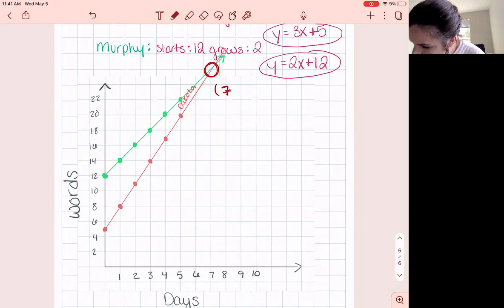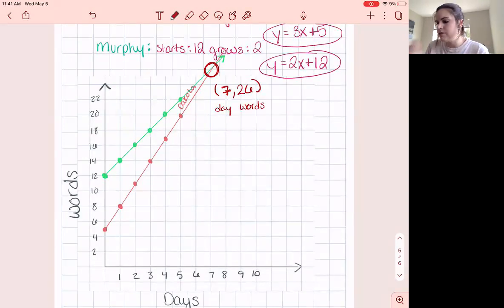And it looks like it should be about 24, 26, right? 20, 22, 24. Yeah, I think it's 7, 26. So 7 days, 26 words. After 7 days, Dakota will know more words. So that is the end of your left side.